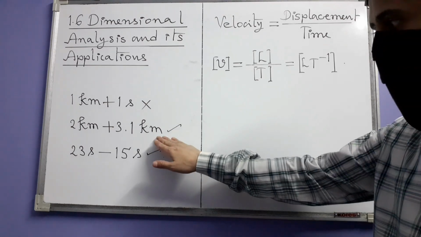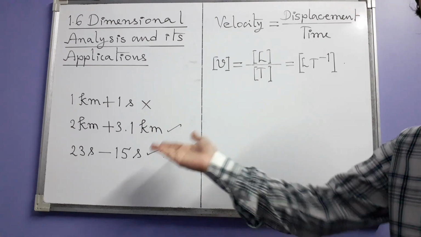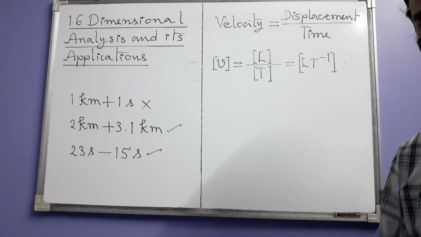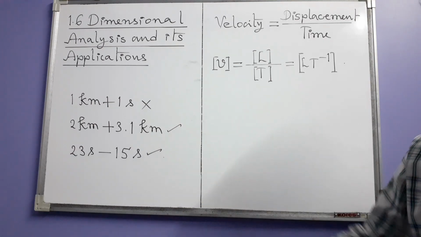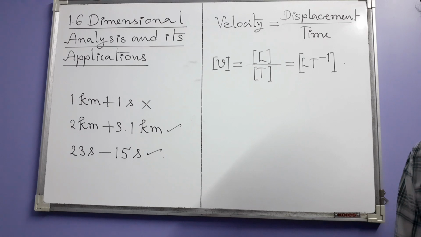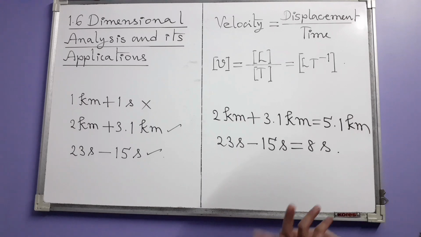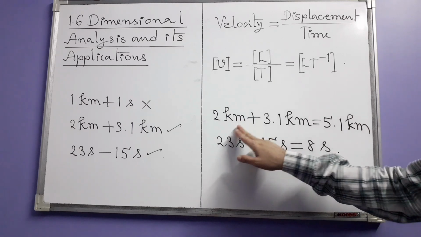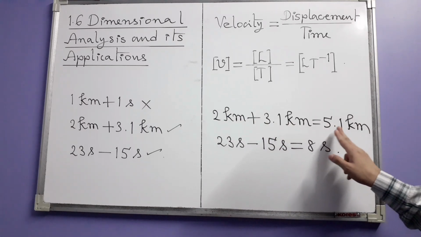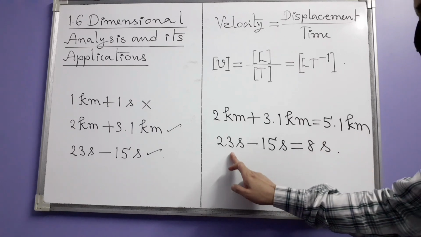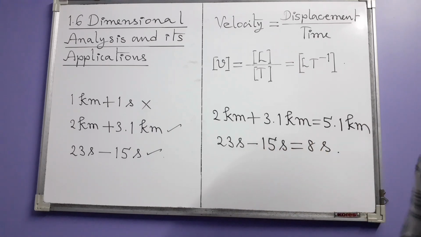And what do we get when we do these calculations? Let me write the equations. These are expressions, but let's write the corresponding equations and see what we get. 2 kilometer plus 3.1 kilometer is 5.1 kilometer, and 23 second minus 15 second is 8 second.